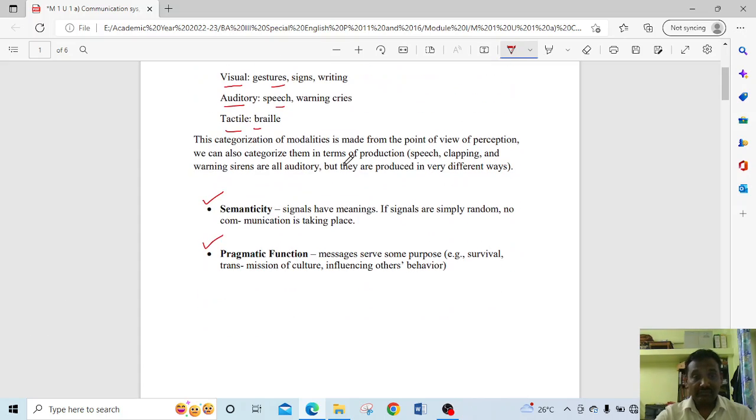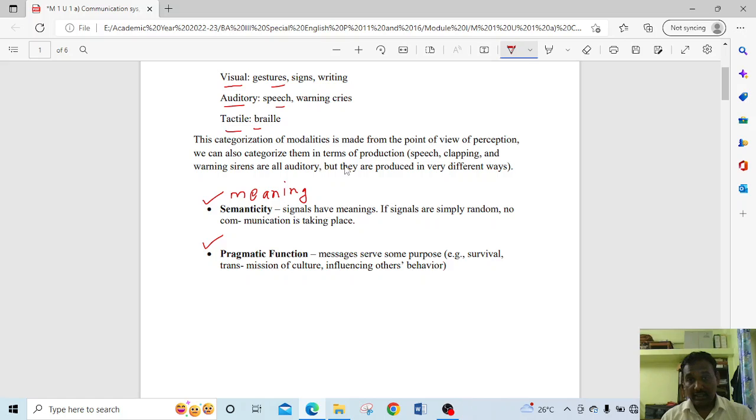Then semanticity. Semanticity means meaning. So those signals have meanings. We cannot communicate with random or wayward signals. For proper communication, along with the signals, there must be meaning in those signals.